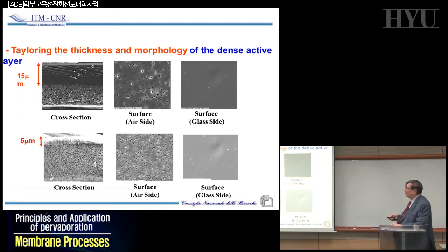Depending on the parameters in your NIPS, the concentration of the polymeric solution, the evaporation time, the temperature of the quenching baths, etc., you can try to change the thickness of the dense skin compared to the other parameters in the system itself.